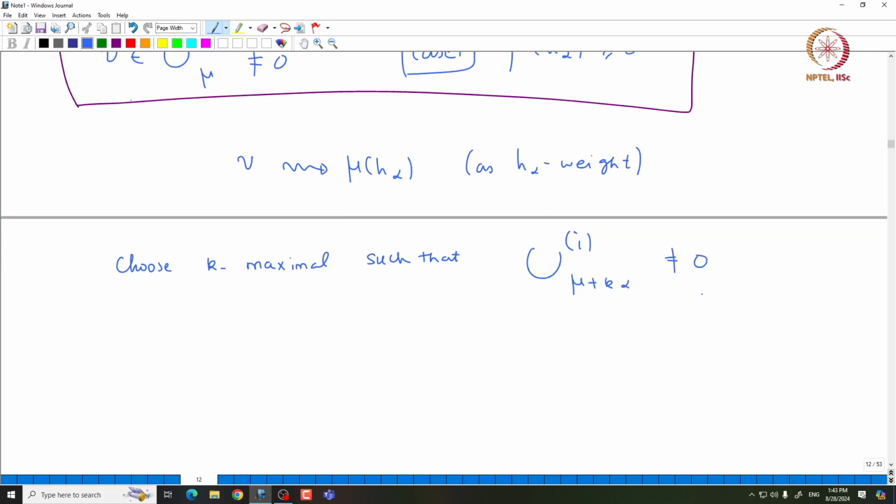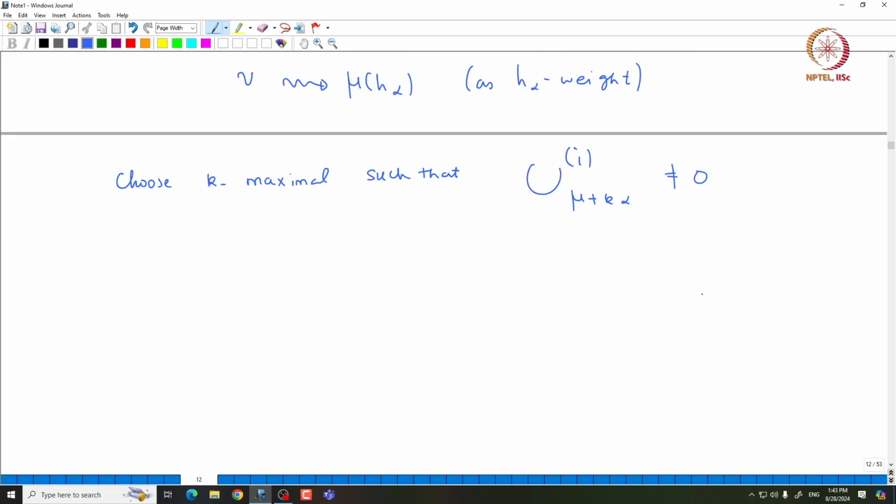Such a maximal k exists because we are all working in finite dimensional spaces. We can't keep on adding multiples of alpha, so we have to stop at some point. You choose k maximal such that this is non-zero. Then it is clear that this U I has the highest weight mu of H alpha plus 2k, which is nothing but mu plus k alpha of H alpha.